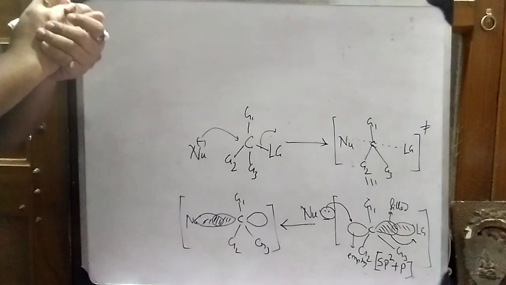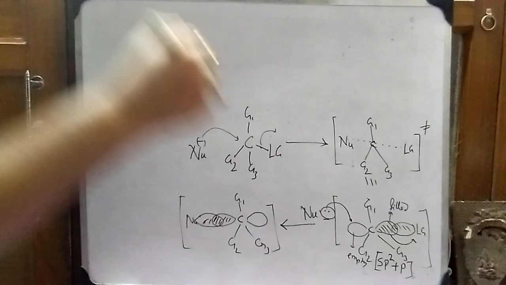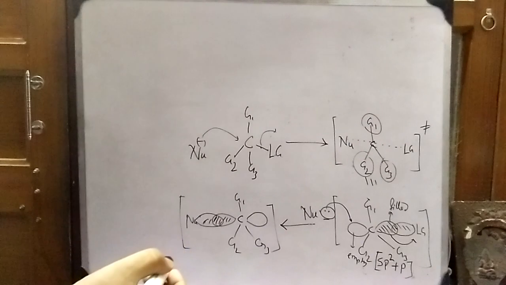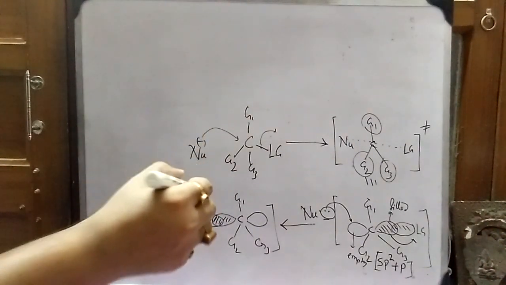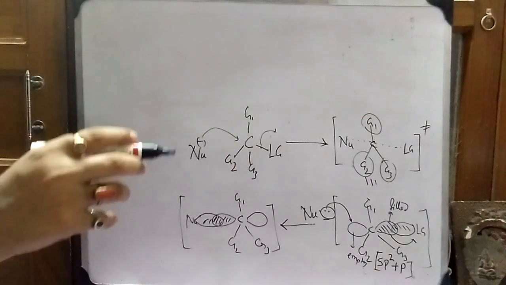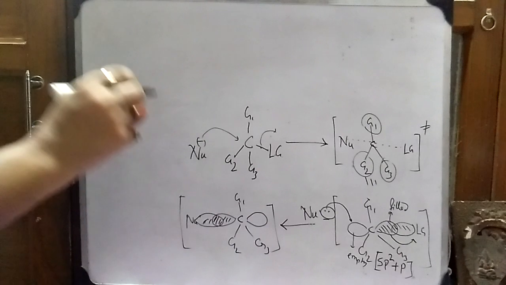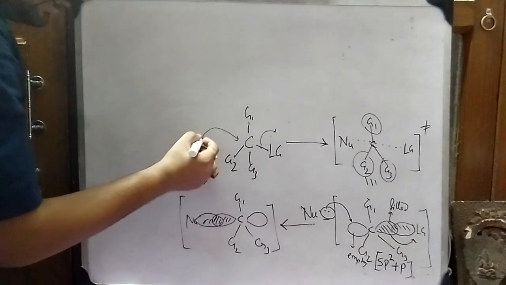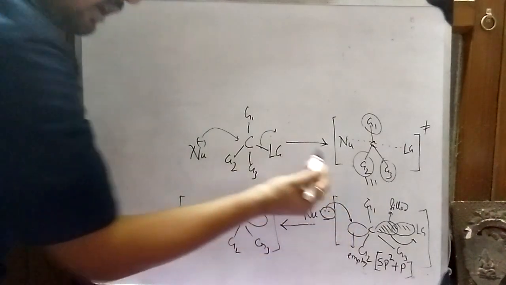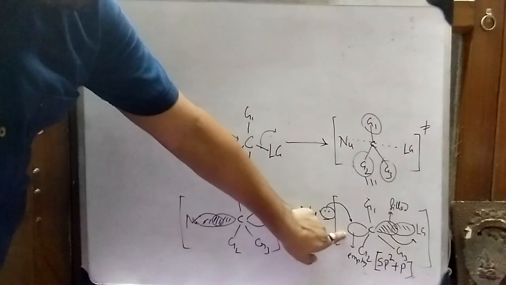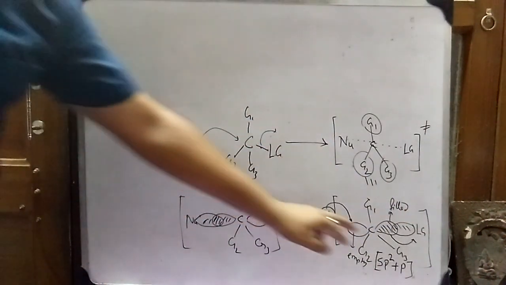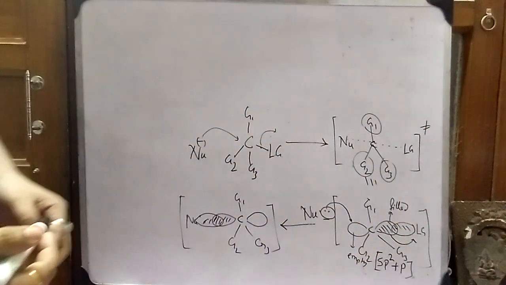In this form, if these groups are highly sterically hindered, this approach might not take place easily, because unless this nucleophile comes in the vicinity of this vacant lobe, the electrons will not tend to move towards the leaving group.